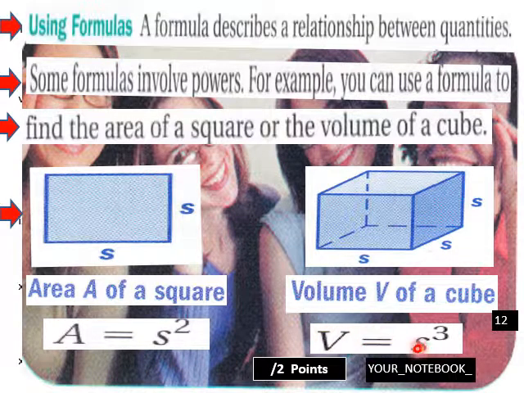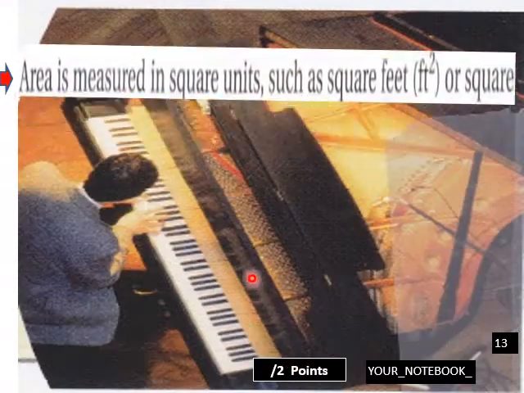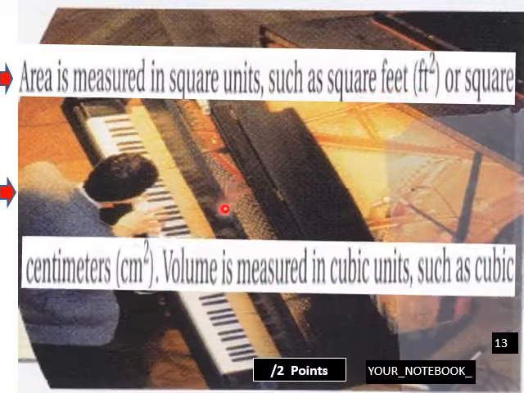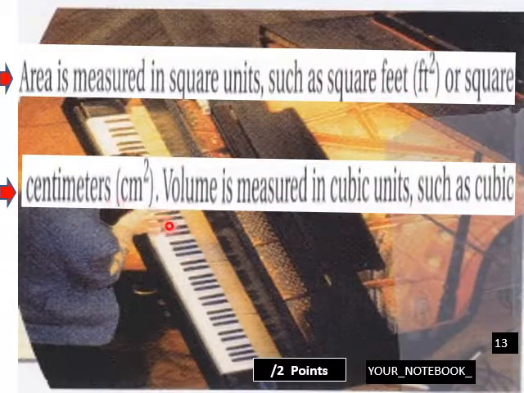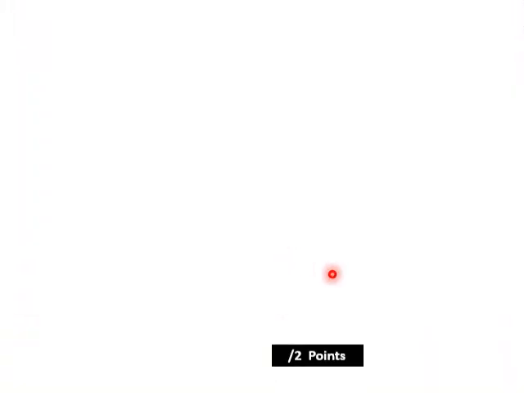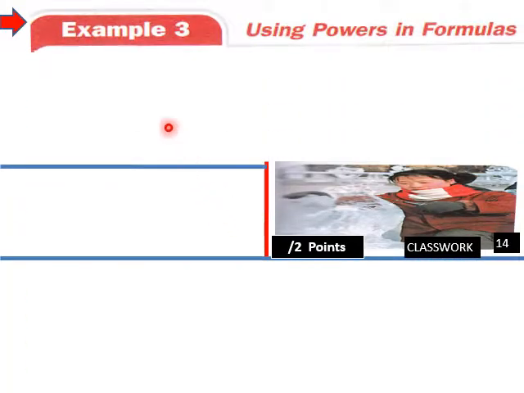Would the volume be S cubed here? Area is measured in square units such as square feet or square centimeters. Volume is measured in cubic units such as cubic inches or cubic meters. So measuring volume is different than finding area.